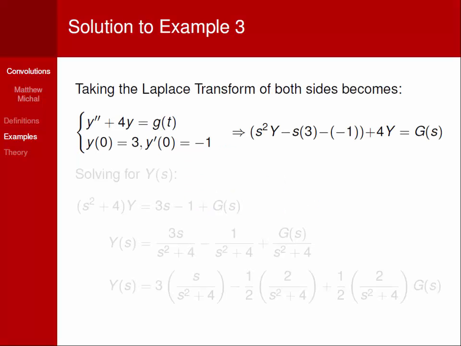Take the Laplace transform of it. So y double prime becomes s squared Y minus 3s plus 1, or minus a negative 1. I have no y prime, so 4y becomes 4 big Y, and g of t becomes big G of s.